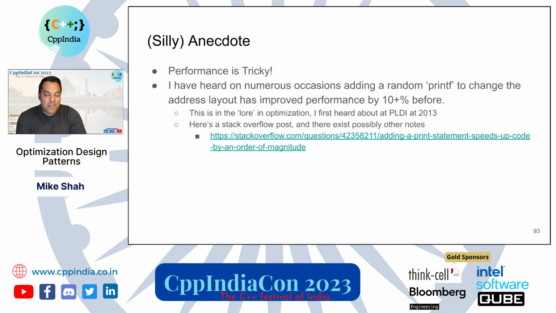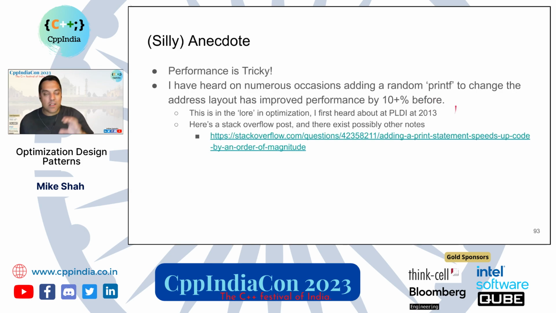Now, again, I'll give an anecdote here and kind of end with performance is tricky, but it's fun. Hopefully we've learned it's fun today. A fun anecdote that I heard in the lore of optimization, or my compiler does this sort of thing, is that there was a paper a while ago that said that if you add a random printf in your code, could be C or C++, you could get a 10% performance change.